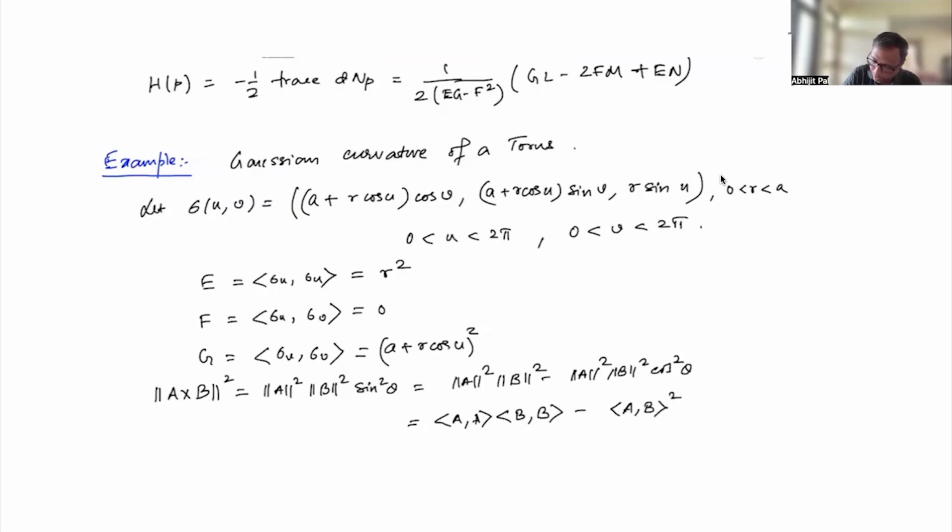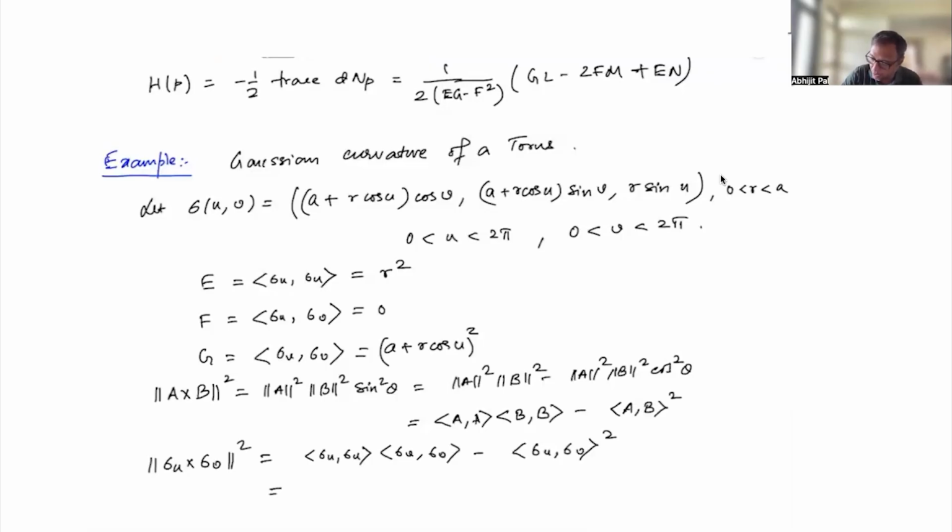So therefore, if I take the square of this cross product, sigma_u cross sigma_v, this will be equal to the inner product of sigma_u with sigma_u times the inner product of sigma_v with sigma_v minus the square of the inner product of sigma_u with sigma_v.